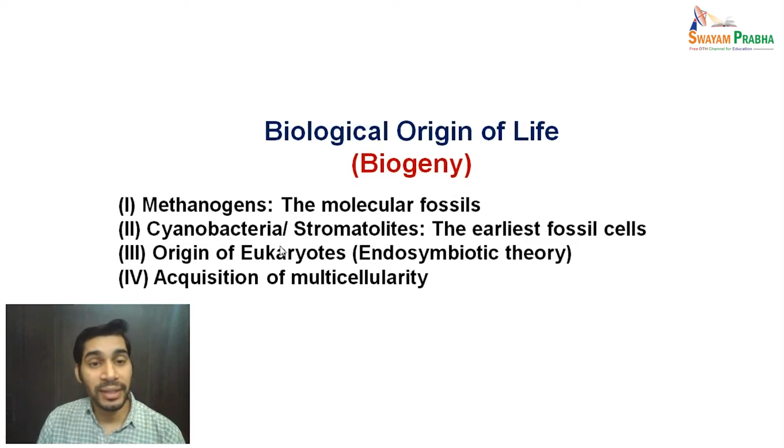From there, the cyanobacteria or the stromatolites, the first fossil cells, how they formed. From there, how the eukaryotes came into existence from these prokaryotes. We'll discuss the endosymbiotic theory here, and lastly we will discuss from these unicellular organisms how multicellularity could be achieved.